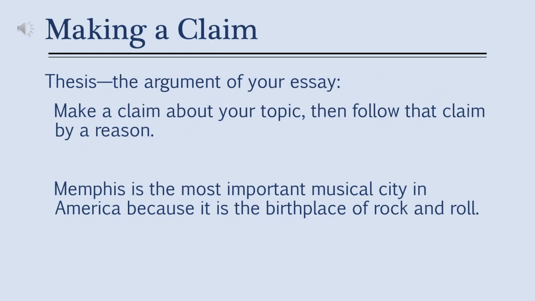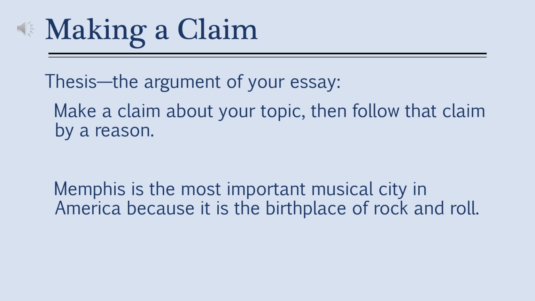The thesis of an argument essay has two parts. It makes a claim and then gives a reason or reasons for that claim. Often students begin writing with half a thesis. They begin with the claim and then they discover the reason for their claim as they work through the information.